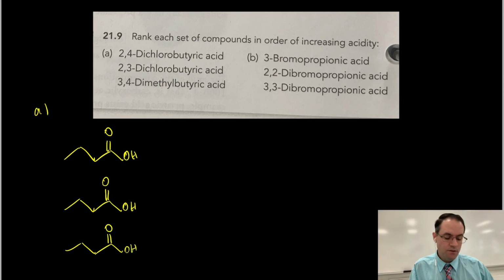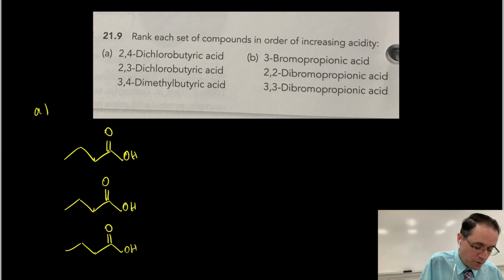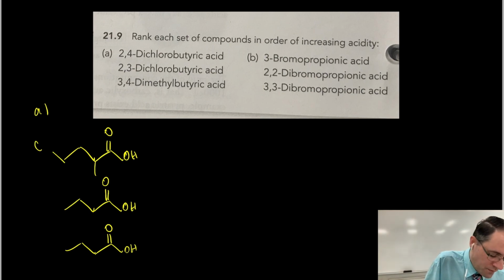And we've got 2 halogens. We've got 2 chlorine groups, one at carbon 2 and one at 4. And the other one has 2 and 3.